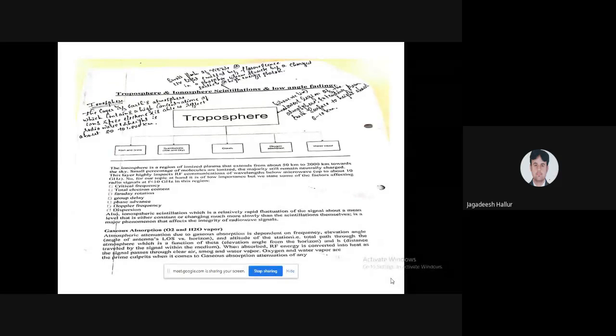The height of the ionosphere is more than about 82,000 kilometers from the Earth atmosphere. The troposphere is where we live, the lowest region of the atmosphere, extending from Earth's surface to a height of about 6 to 10 kilometers, which is nearer to the Earth.